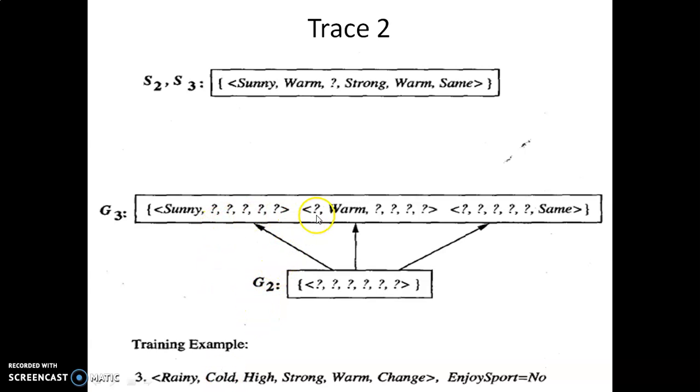In the second case, we have cold here, so we replace it with warm. The first one is a question mark, the remaining are all warm. Then I will tell why we have not taken high and strong here. And for the third one, we have change here, so we have replaced it with same.